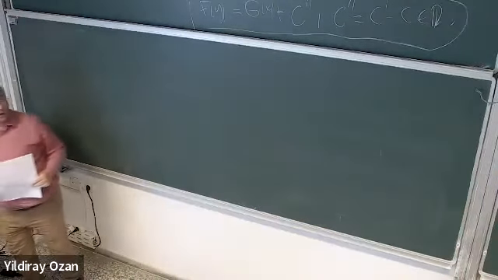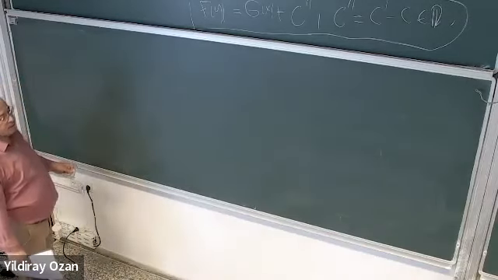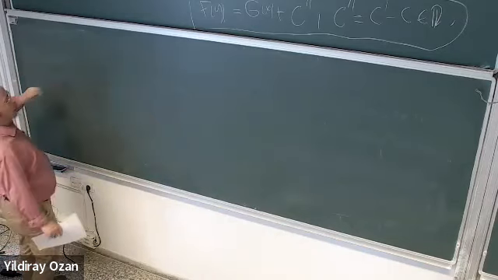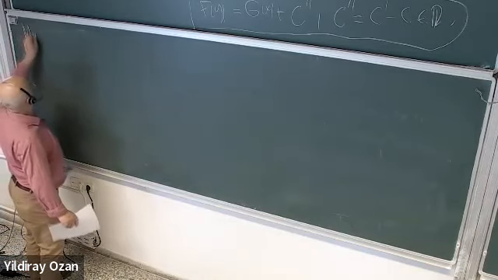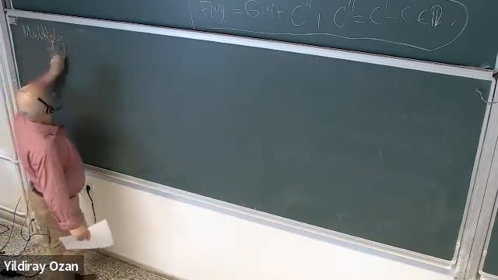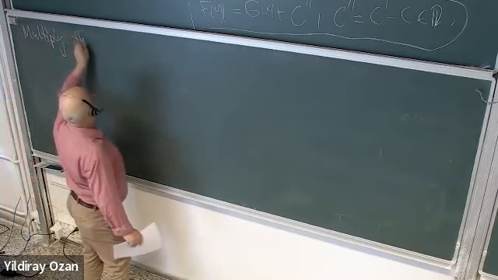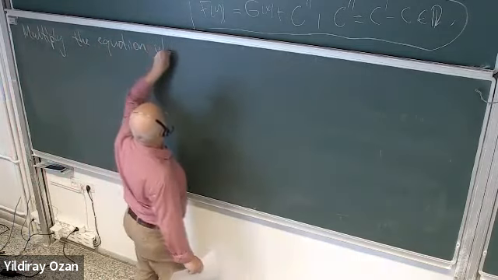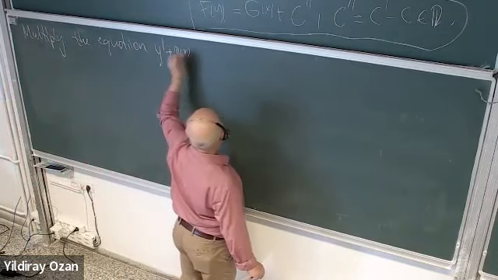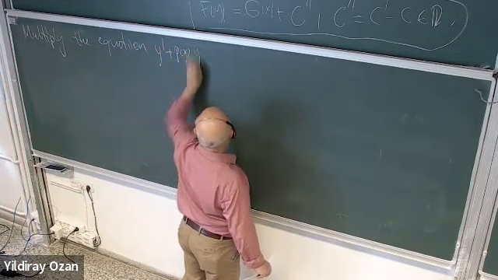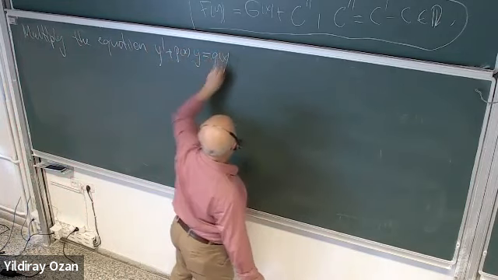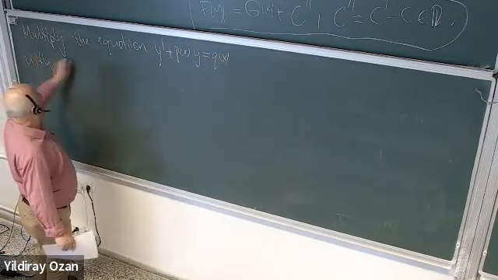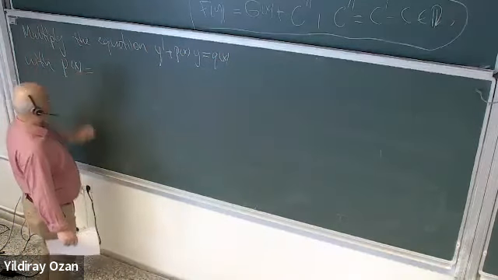Şimdi bunu tekrar yazayım buraya. Denklemimiz, so we multiply our equation, multiply the equation y prime plus p(x) y equals q(x) with so-called mu(x).